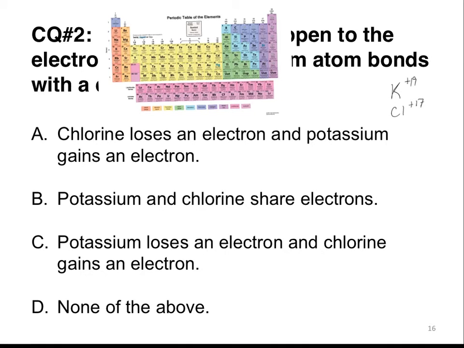So I know potassium is row 1, so I know potassium has a plus, I'm sorry, it's not plus. Potassium has this single electron in its outer shell, and I know chlorine is going to be added to it, and I know chlorine is going to have 1, 2, 3, 4, 5, 6, and 7.